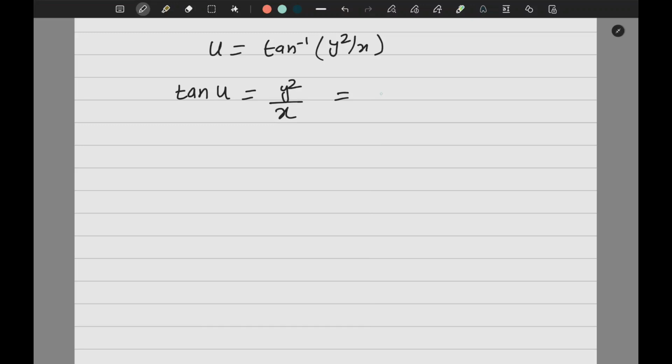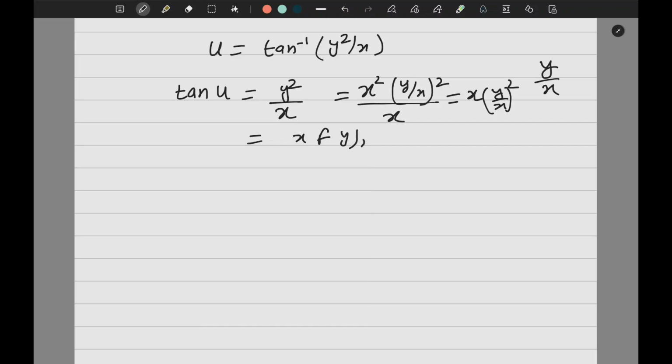So I don't want to write y only. As I told you, I want to create a y by x function. So I will write it as (y by x) whole square. So basically I have divided it by x square, so I should multiply it by x square also. And in the denominator it is x. So this will become x (y by x) square, so this will become x function of y by x.